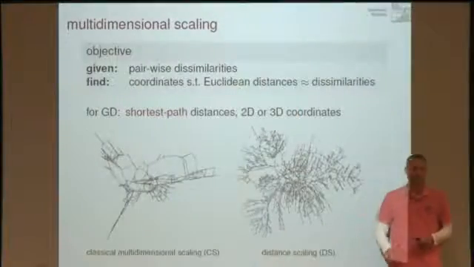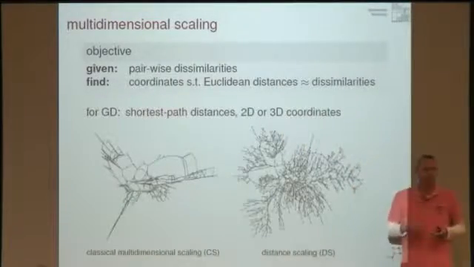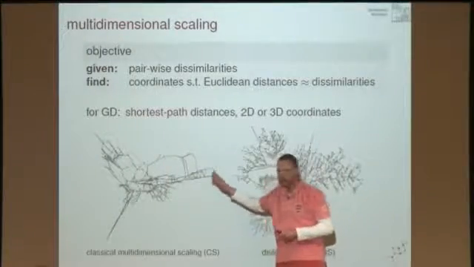In GD, the typical use of this method is that the dissimilarities that we input into the method are the shortest path distances in the graph, but other distances are possible. Right? And of course, the target space is 2 or 3 dimensional because we would like to look at these drawings at some point.